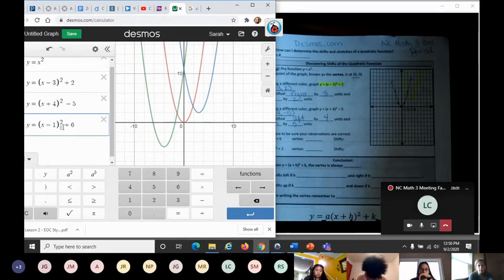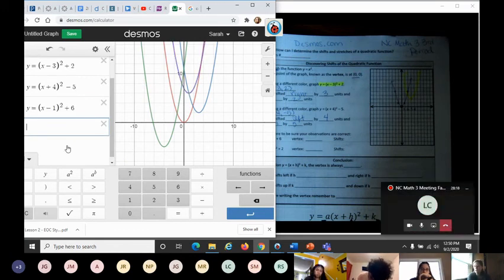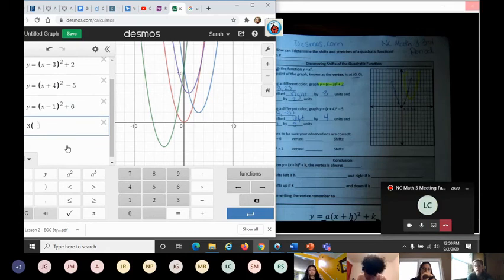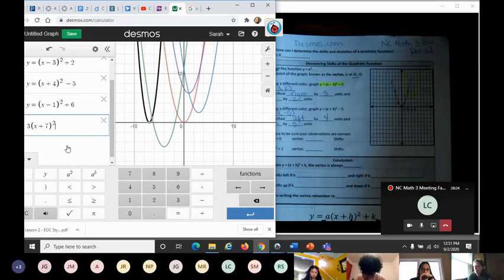There we go. So it's the purple function, and then this last one is 3 times (x plus 7) quantity squared plus 2.